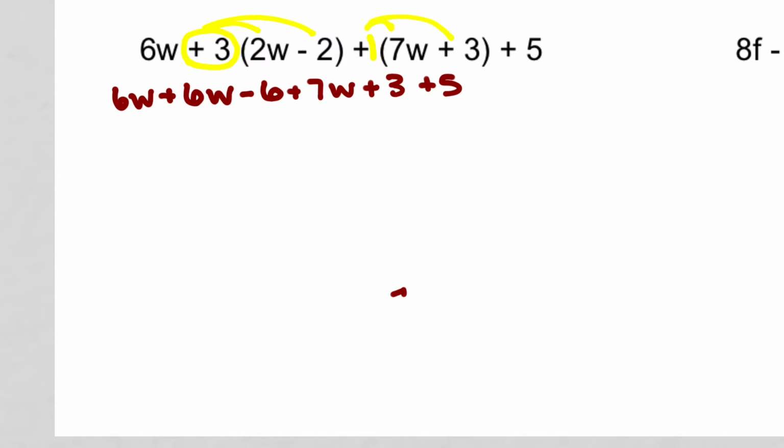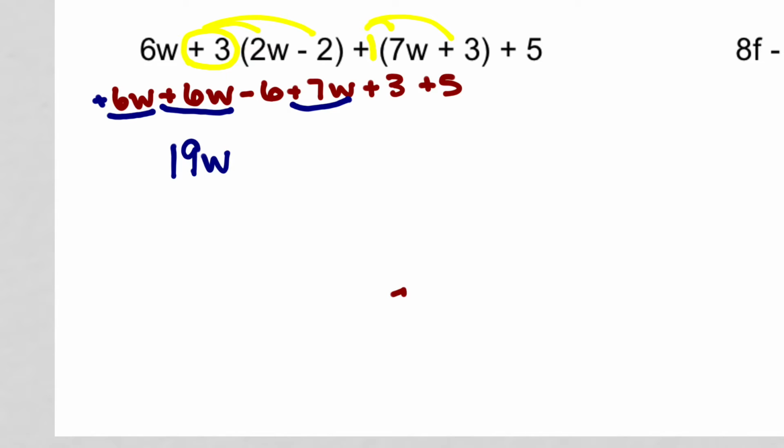Okay, now I need to gather up my terms that are like. Well, I have a 6w, I have a positive 6w here. This one's assumed to be positive because there's no negative in front of it. I have a positive 7w there. So 6 plus 6 plus 7, that's 12 plus 7, that is 19w's.